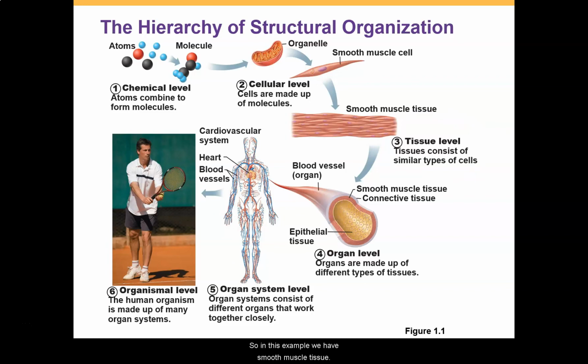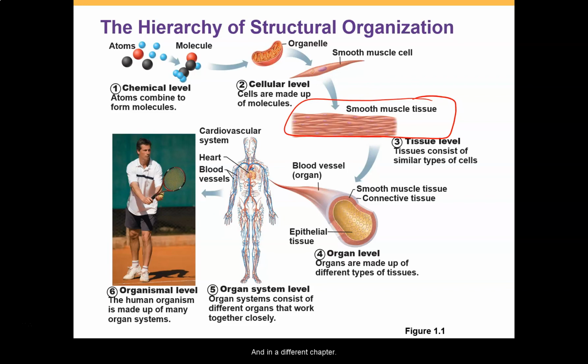So in this example, we have smooth muscle tissue. Smooth muscle tissue is composed of smooth muscle cells. So cells of similar function come together to give rise to the tissue level of organization.